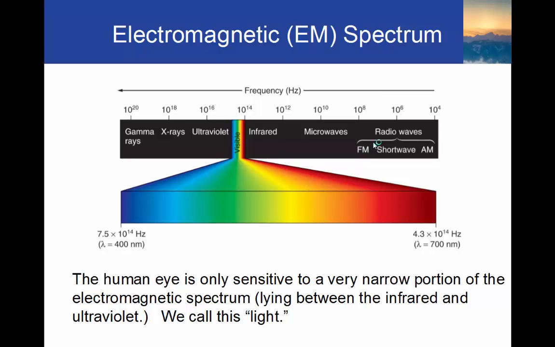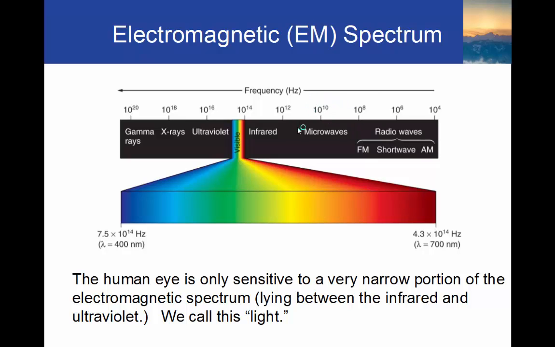If you just want to get a rough estimate for what the wavelength of a microwave radiation would be, you could look in your textbook, which shows the frequencies of the electromagnetic spectrum. And specifically what we're looking at is microwave radiation.